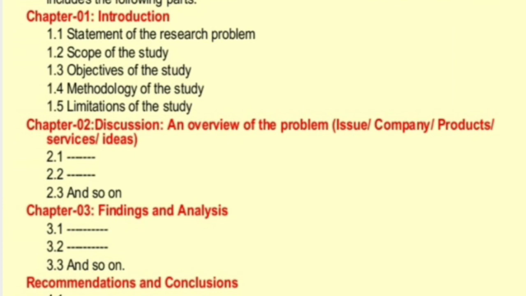In this chapter also, findings and analysis relate to different fields. It may be finance, HR, marketing, or societal or business areas. After that, based on all those reports, recommendations and conclusions. This last part is very, very important because you are doing research to give recommendations to somebody based on that research report. You have to derive what exactly the conclusion of this research report is.